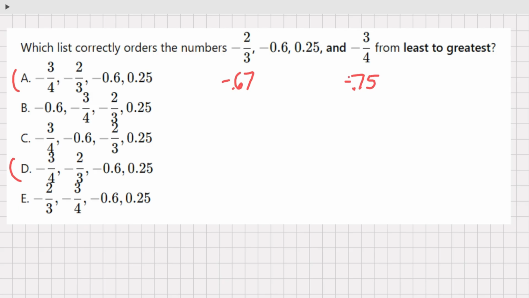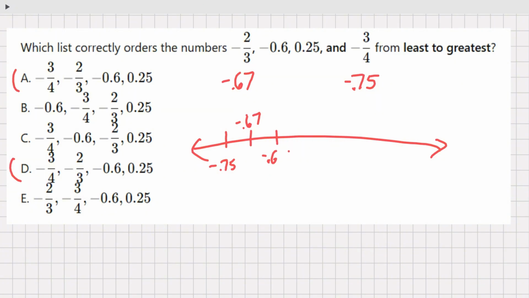Now, if we get negative 0.75, you're looking from least to greatest. So if you're on a number line, which one of these is going to be the smallest? Well, you've got negative 0.75, followed by negative 0.67, negative 0.6, and then followed by, I mean, you could put 0 right here, but 0.25 on the right.